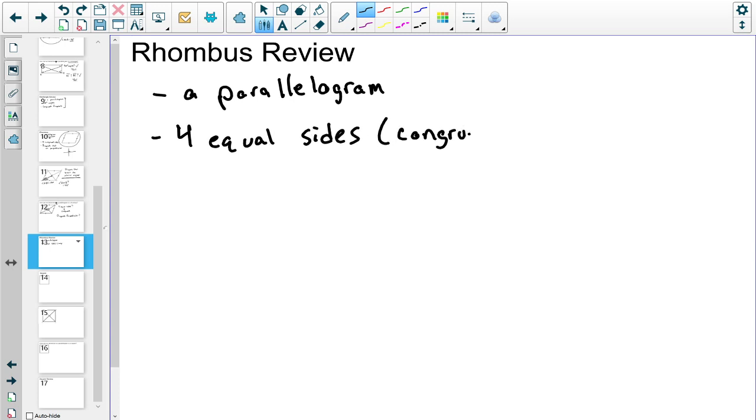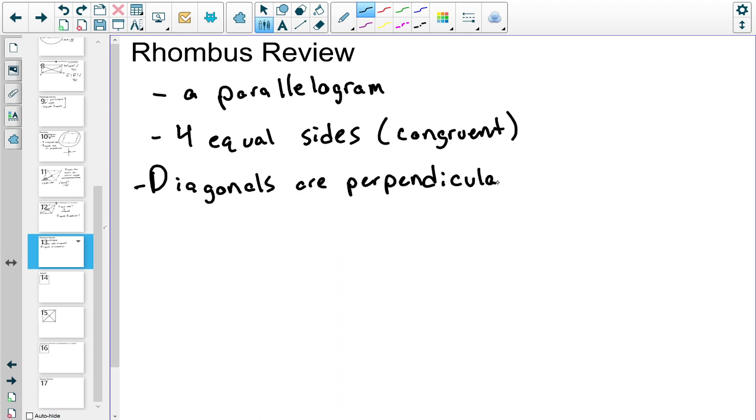It also has diagonals that are perpendicular. And lastly, those diagonals also bisect interior angles.